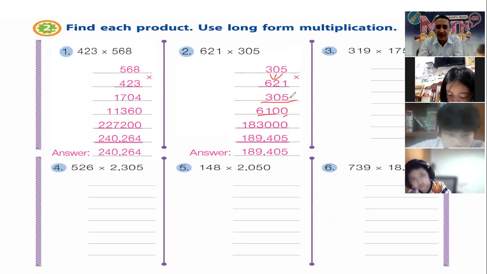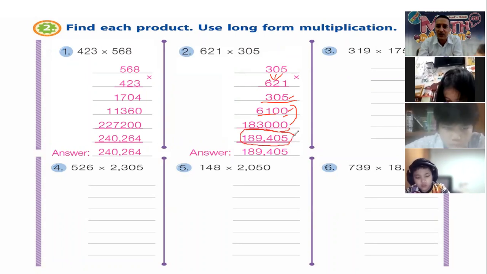So we have 305 for the first place, 6,100 for the second place, and then 600 multiplied with 305, which is equal to 183,000. Then we make the sum of that, which is equal to 189,405. That is the correct answer.